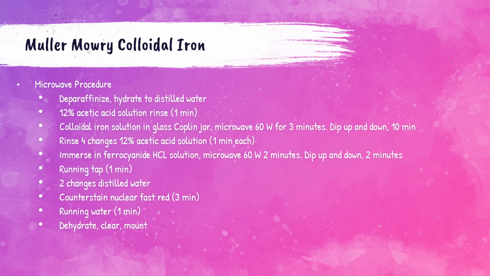Then run it in tap water for 1 minute, and rinse it in 2 changes of distilled water. After that, it needs to be counterstained in nuclear fast red for 3 minutes, rinsed in running water for 1 minute, and then dehydrated, cleared with xylene, and mounted with synthetic resin.